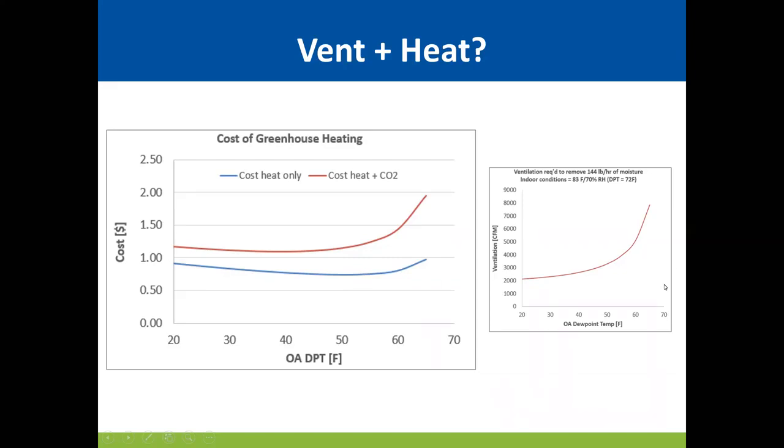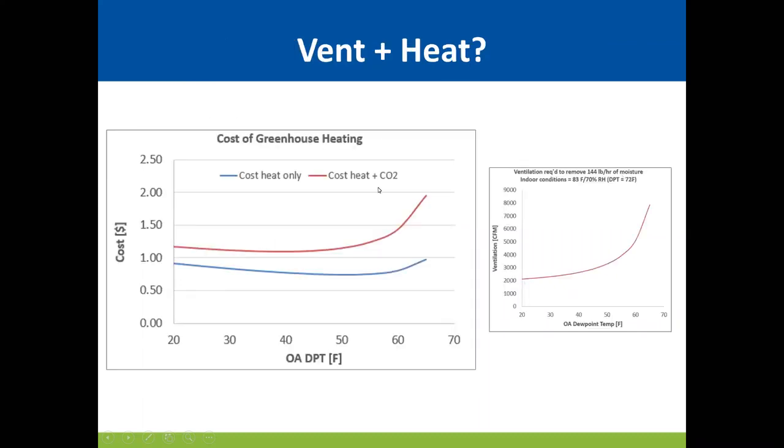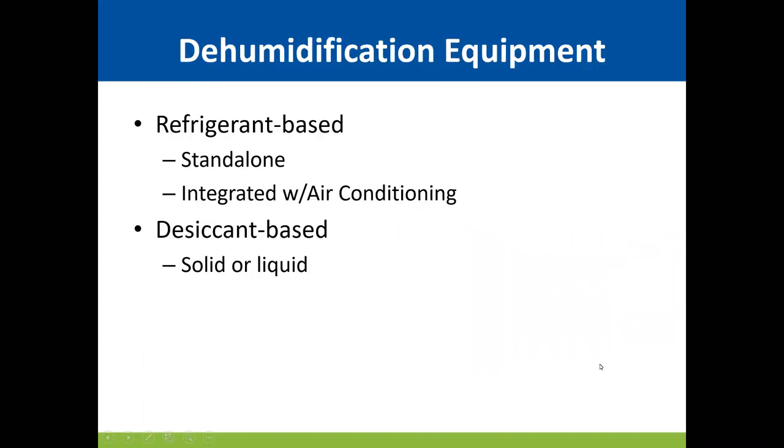But now, remember, this ventilation curve got really steep over here. And so now we need more and more heat to manage the temperature. And then if you add CO2 to this equation, it also goes up with ventilation, as we would expect. All of this depends obviously on the cost of those resources at your location, but we would expect the curve to be generally the same.